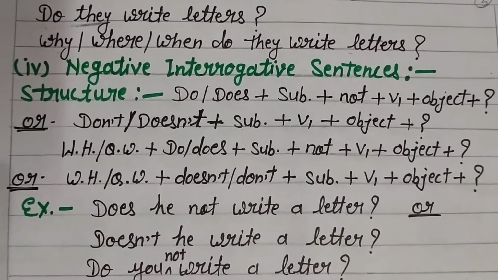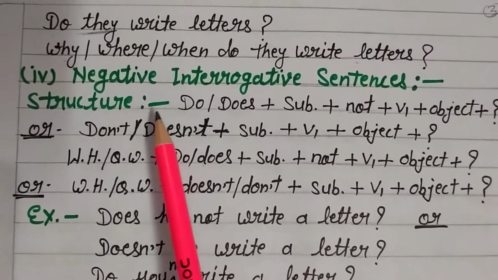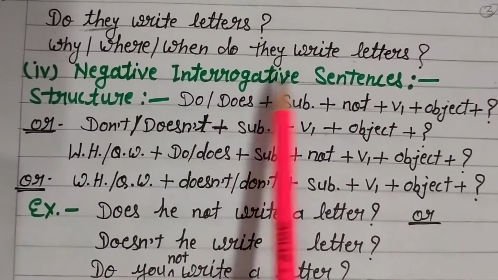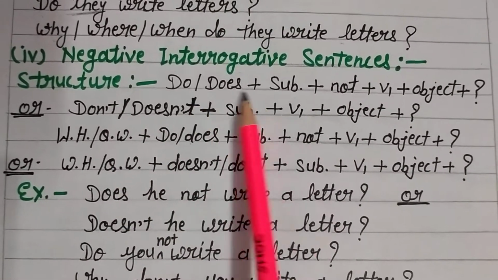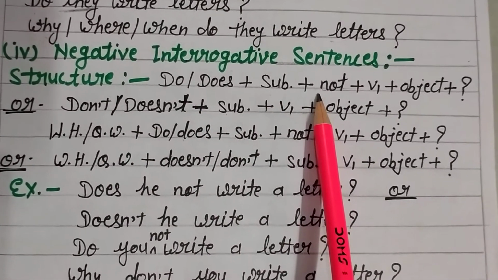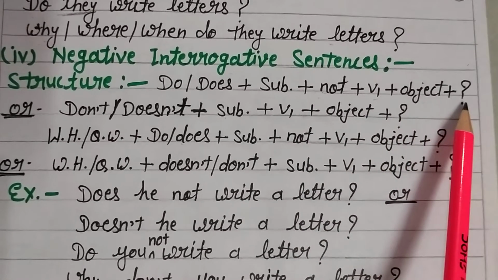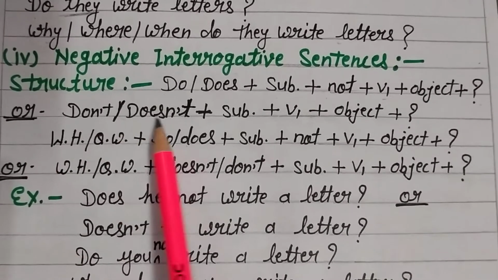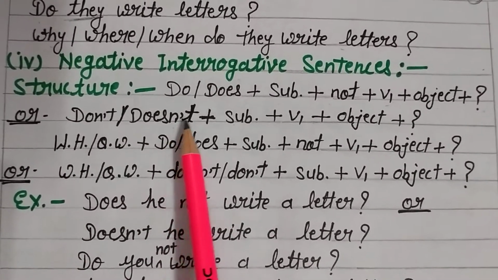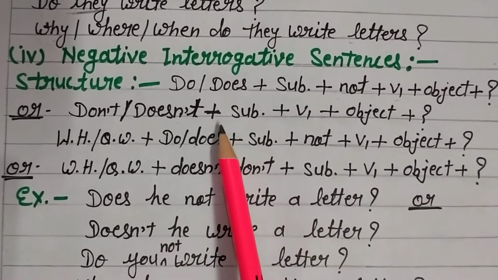Okay. And now the fourth type of sentences: negative interrogative sentences. Structure: do or does plus subject plus not plus verb's first form, and then object and then question mark. Or don't and doesn't. We use do not as don't and does not as doesn't.